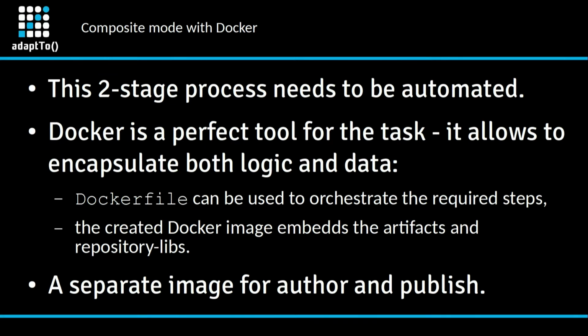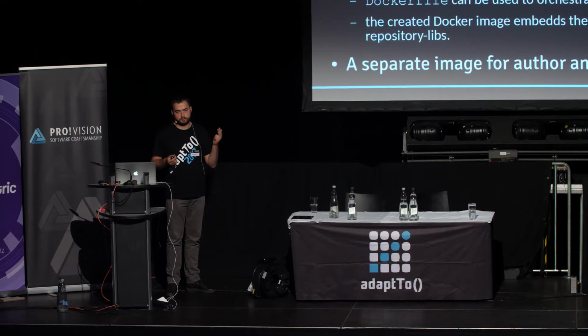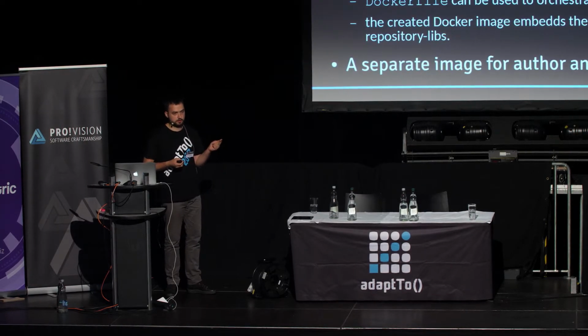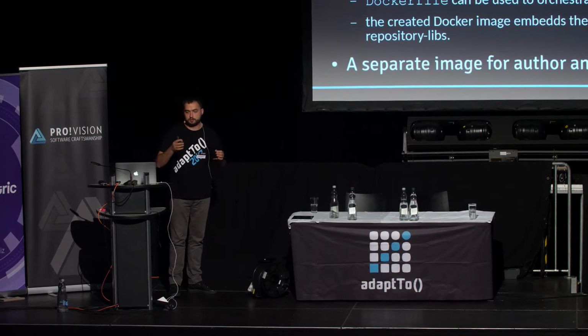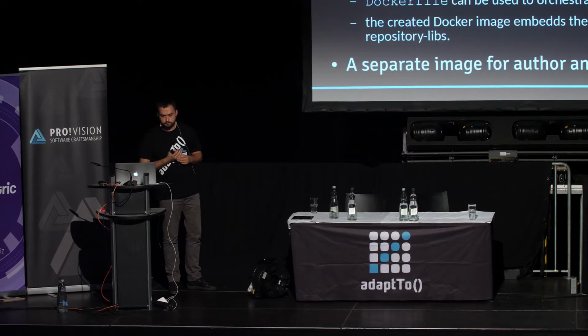We can use Dockerfile and scripts to put the whole build process in there. And the resulting image can contain everything that is required, the JVM, all the required libraries, and also the created repository libs, which will be used to serve the absent libs subtrees.